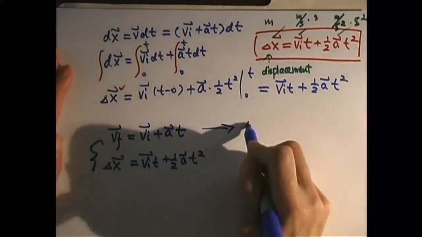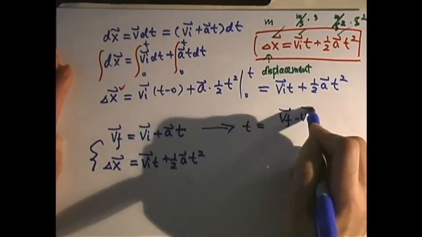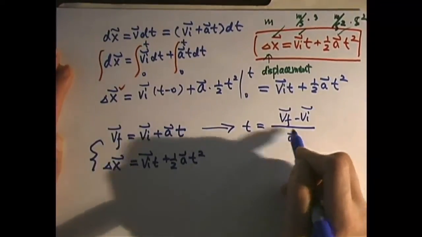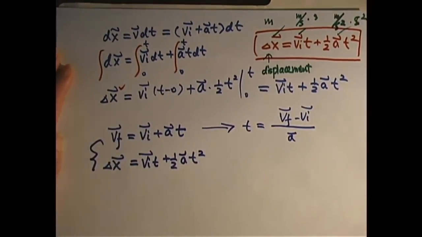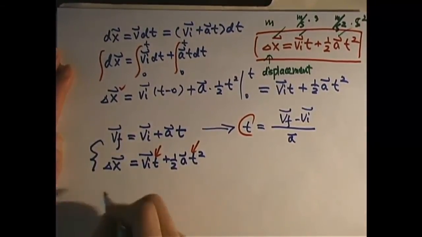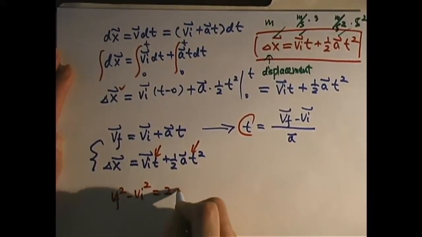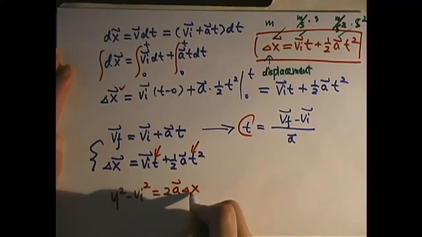From this one, t equals v final minus v initial divided by a. If we plug in this t right here, guess what? We get a third equation, which will be v final squared minus v initial squared equals 2a delta x.